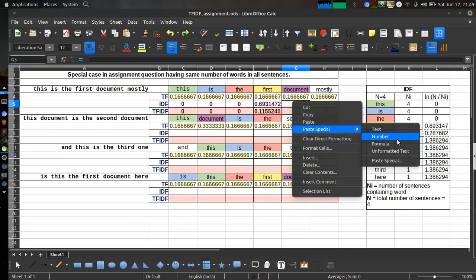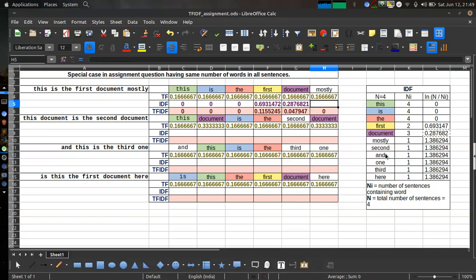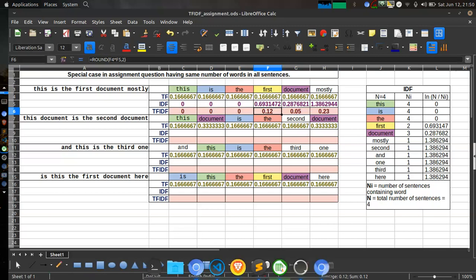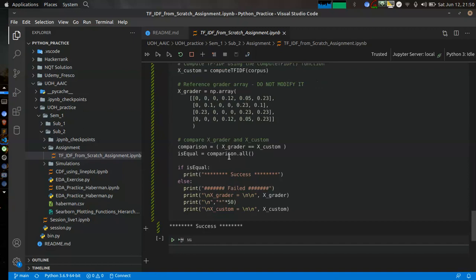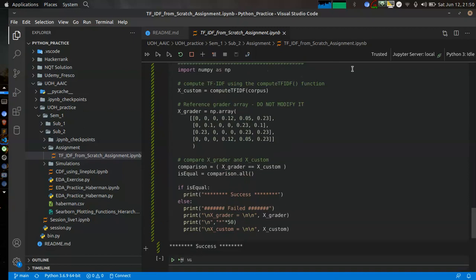Okay, so paste special, that's the number. And mostly, what is the idf? This thing, right? And you need to just round this to 2 decimal points, right? So you will get the answer. One second. Round to 2 decimals. Okay. So if you compare it now, we are getting 0.12, 0.05, 0.23. If you compare it, you will get the same answer: 0.00, 0.12, 0.23.